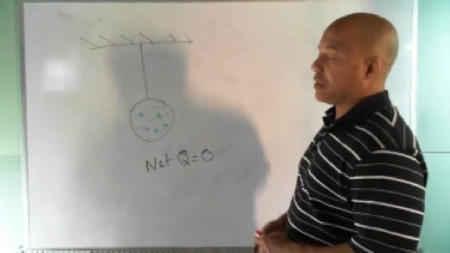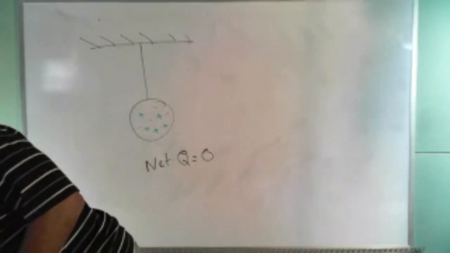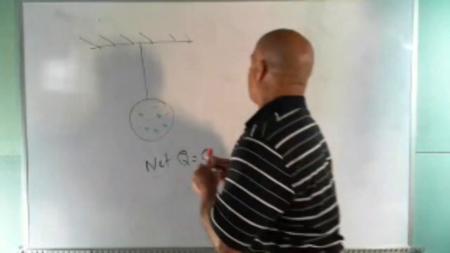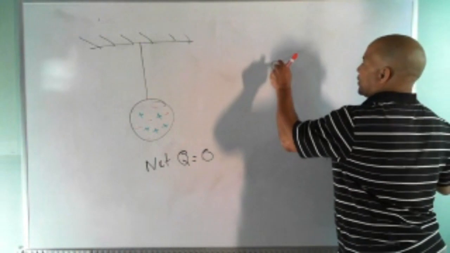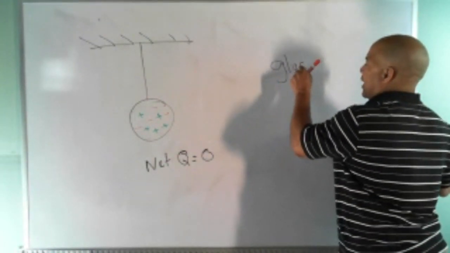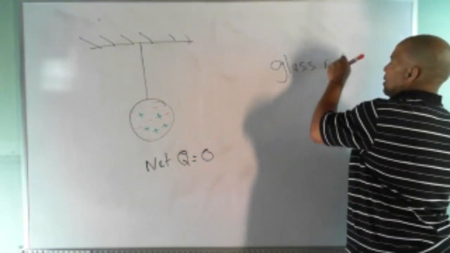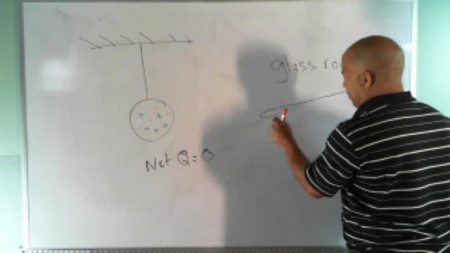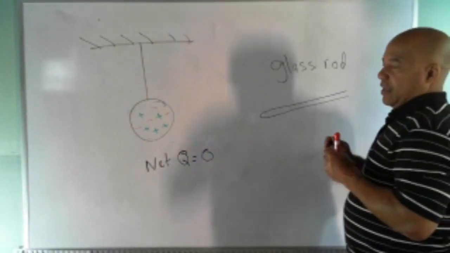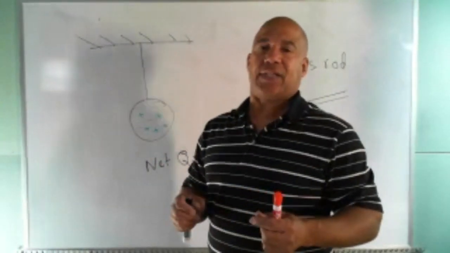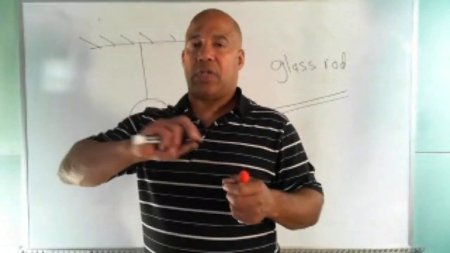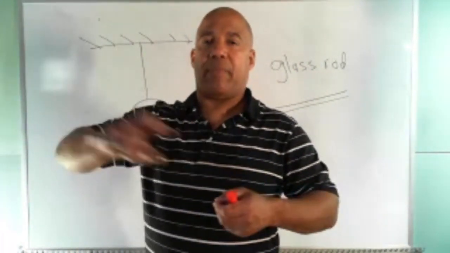Now what I want to do is take a glass rod. This works really well with glass. And what I can do is take some silk or some material and rub that rod.